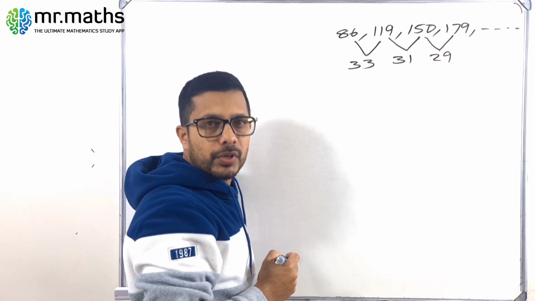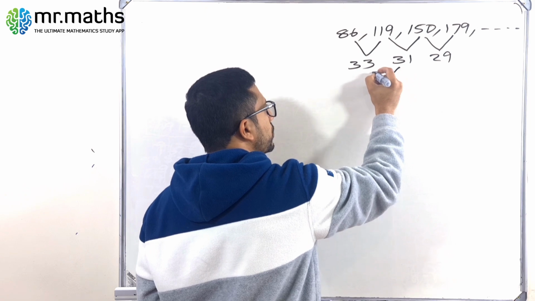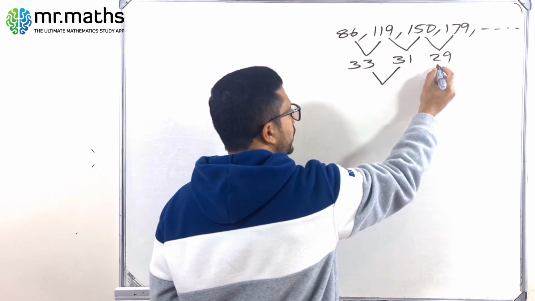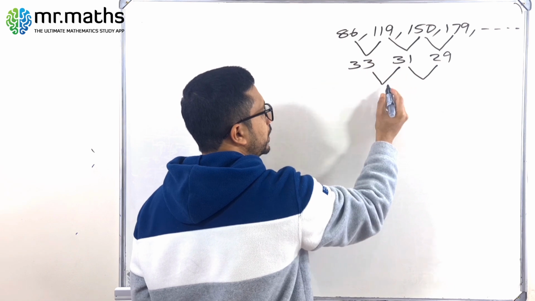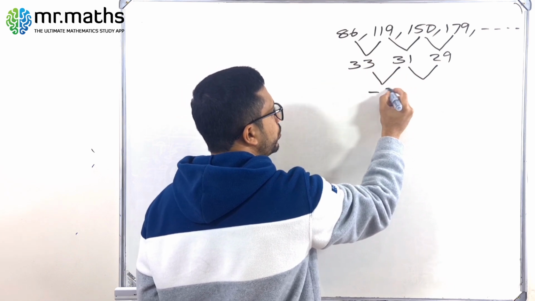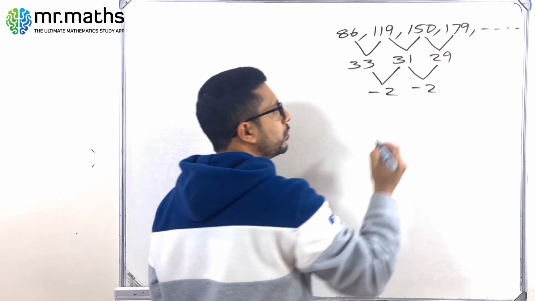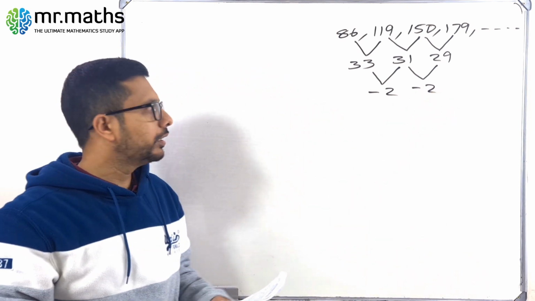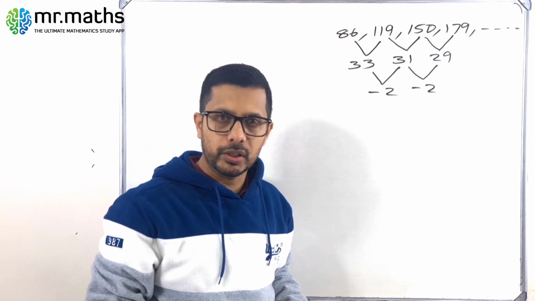So we got the first difference. Then we can find the second difference. 31 minus 33 is minus 2, 29 minus 31 is minus 2. So the second differences are the same. That is why it is a quadratic sequence.